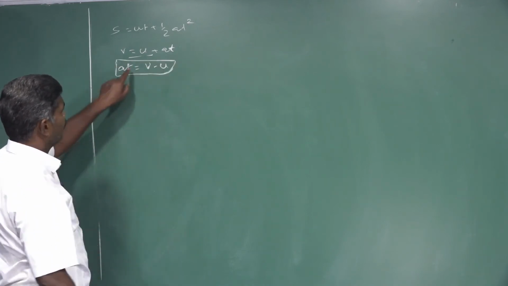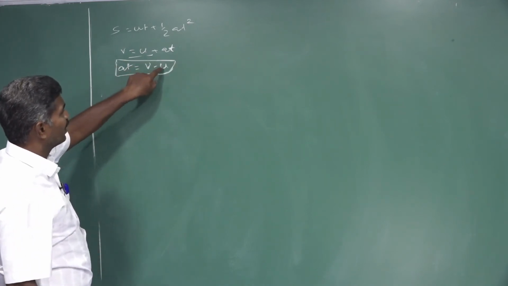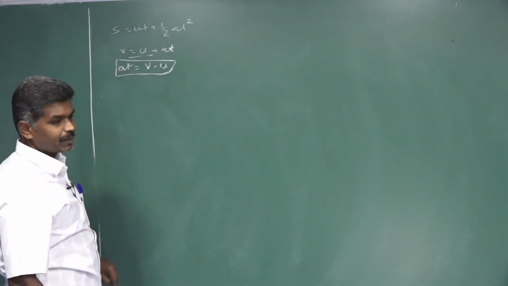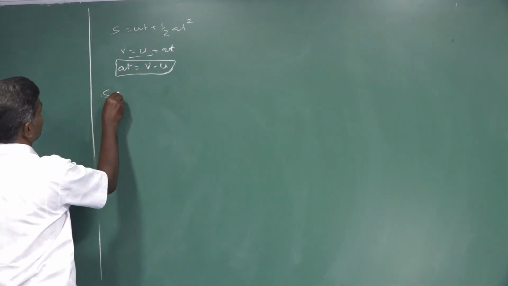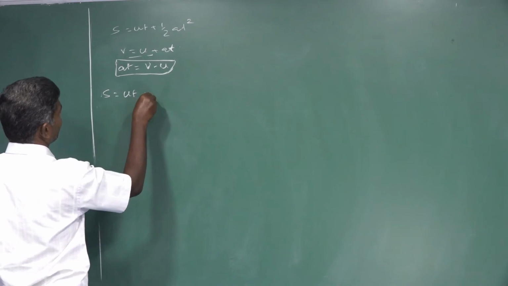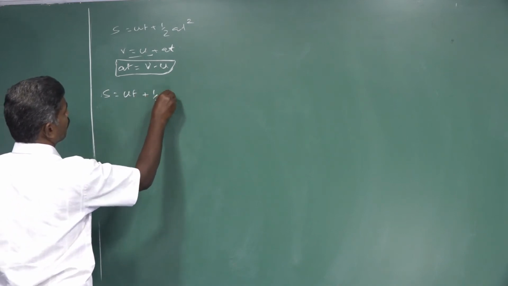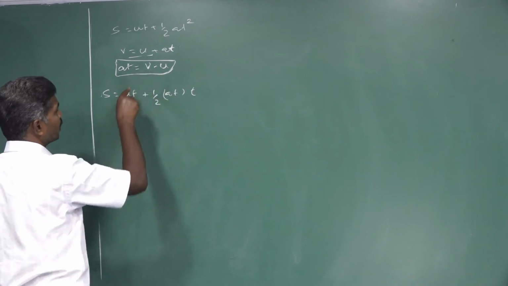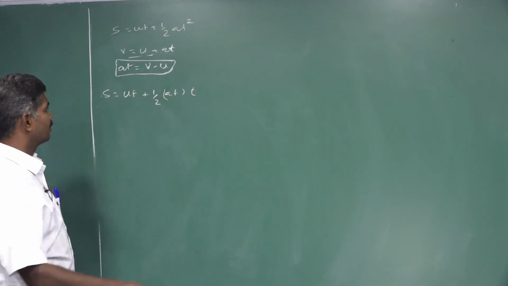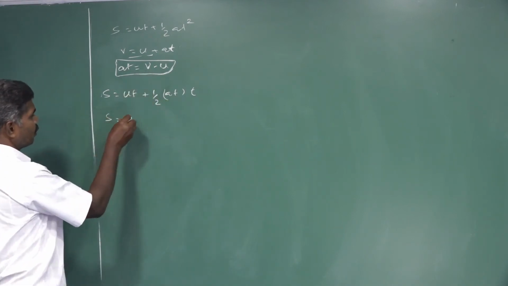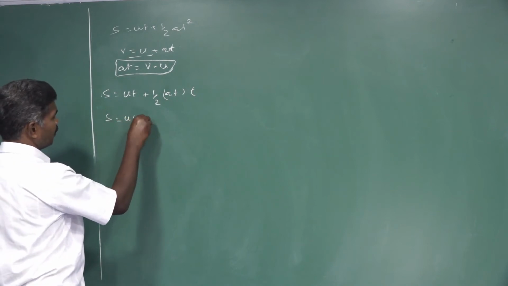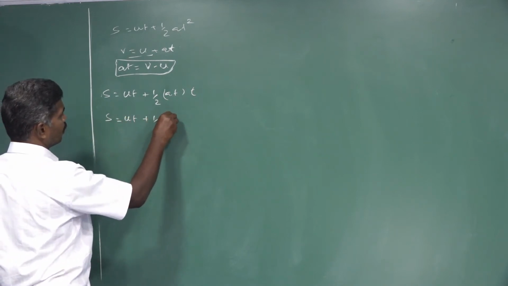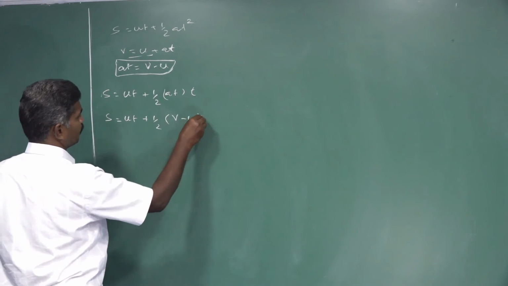That at value we take as v minus u in our equation. That is s = ut + 1/2 at into t. Instead of at we substitute v minus u. That's why s = ut + 1/2 into (v minus u) into t.